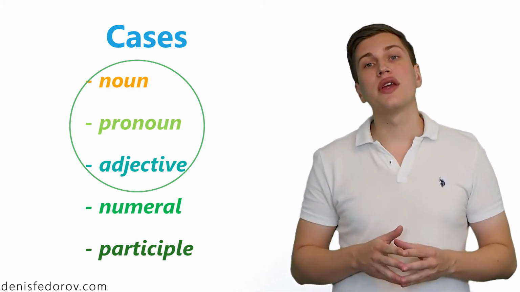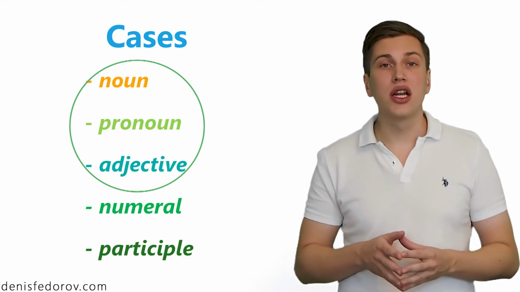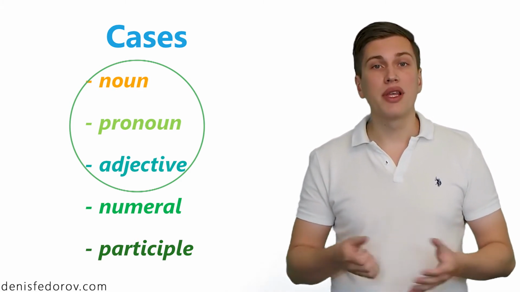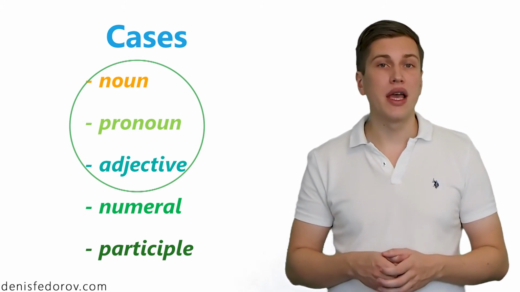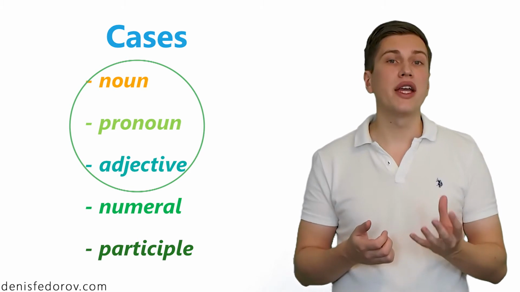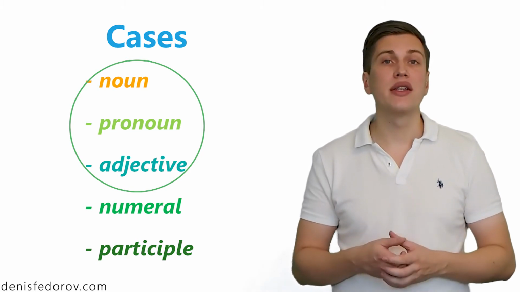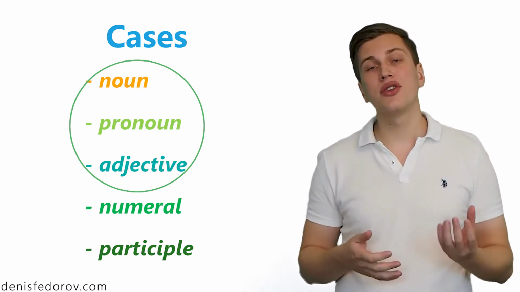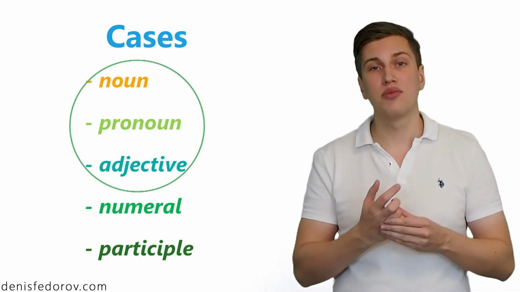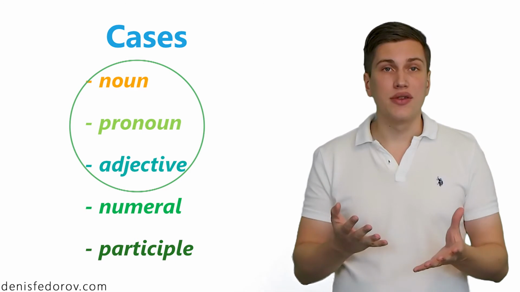English authors in their textbooks often exclude numerals and participles from this list, probably in order to not overcomplicate things, because you learn them later and do not need to know that in the beginning. So for beginners, learning cases is about learning cases of nouns plus pronouns and adjectives.